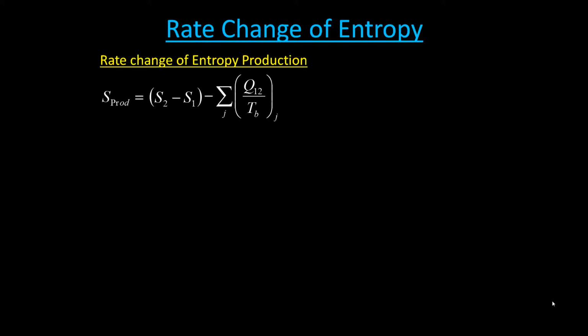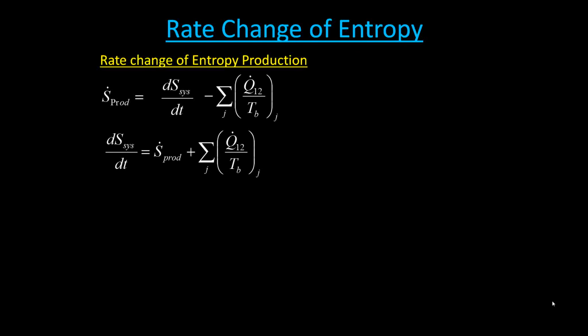Well, if we take the rate with respect to time, we get that entropy production as a rate is equal to the change of the entropy of our system over time, minus the heat transfer rates over the boundary temperatures, which are constant.